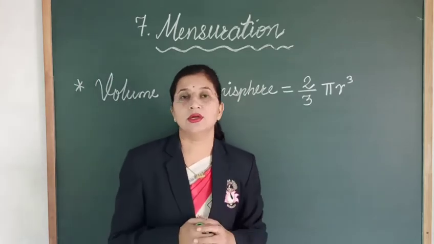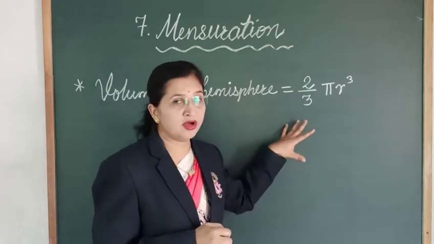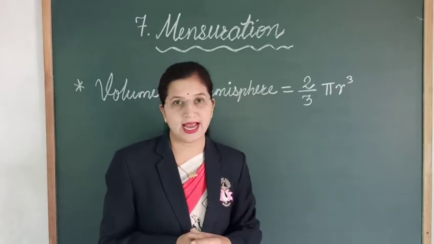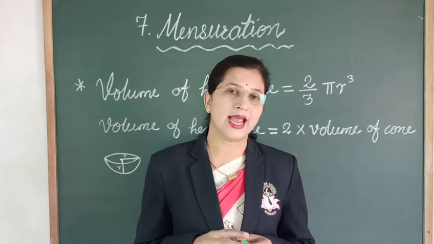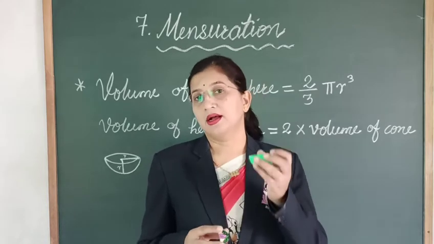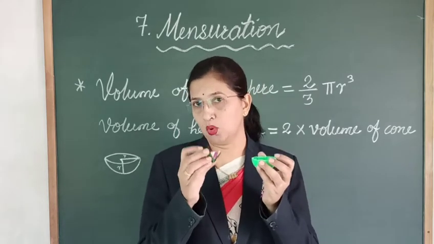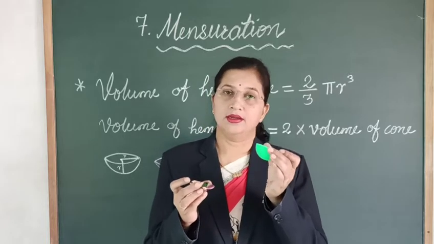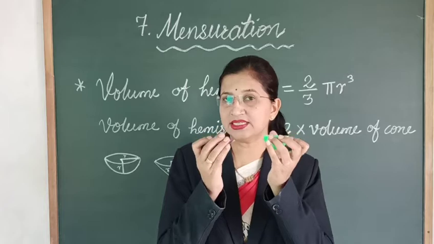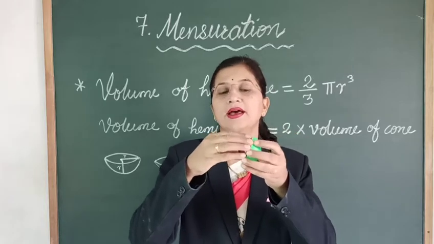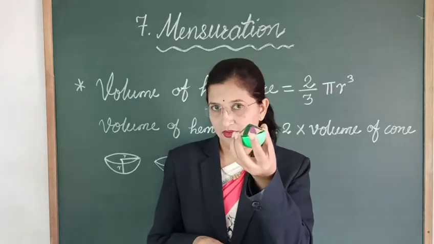To understand this formula, let's do this activity. Dear students, to do this activity we need a hemisphere and a cone. The cone and hemisphere should be such that their radii are equal.